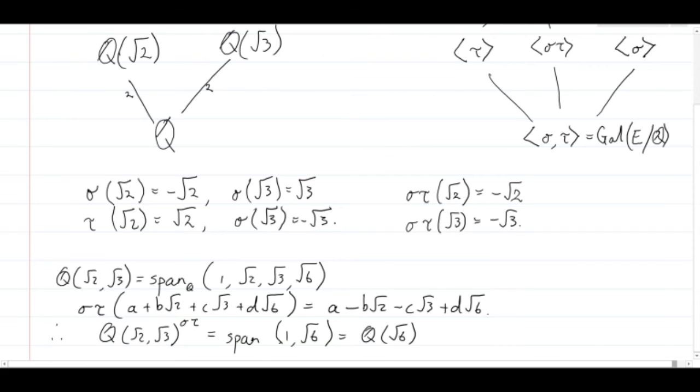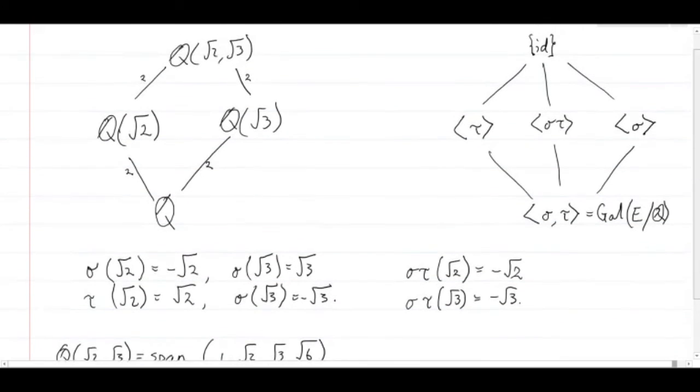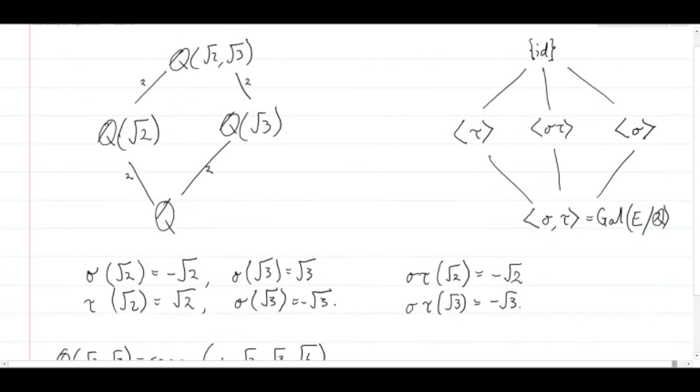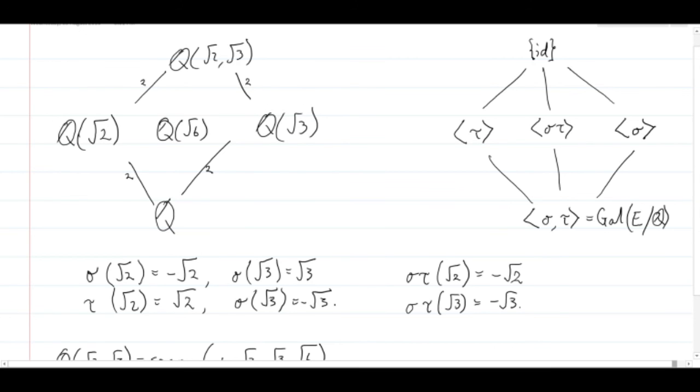So to complete our picture, we fill that in the middle of the diagram. And we have a one-to-one correspondence between intermediate subfields and subgroups.